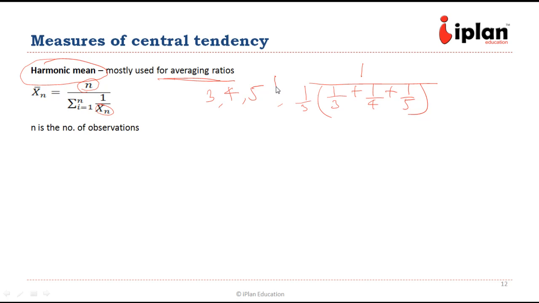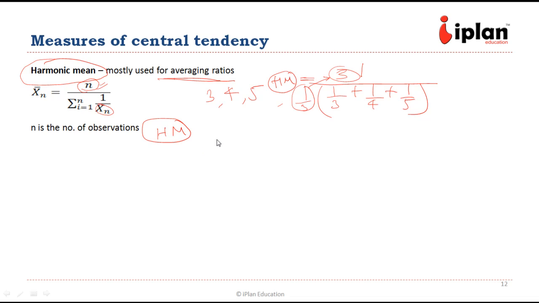So this will become the harmonic mean, or this 1 by 3 can be written as 3 here. Instead of 1 by 3 in the denominator, we can write 3 in the numerator, that is n here. So what is the practical use of harmonic mean? I'll give one more example so that the relevance of harmonic mean and its usage will be clear.